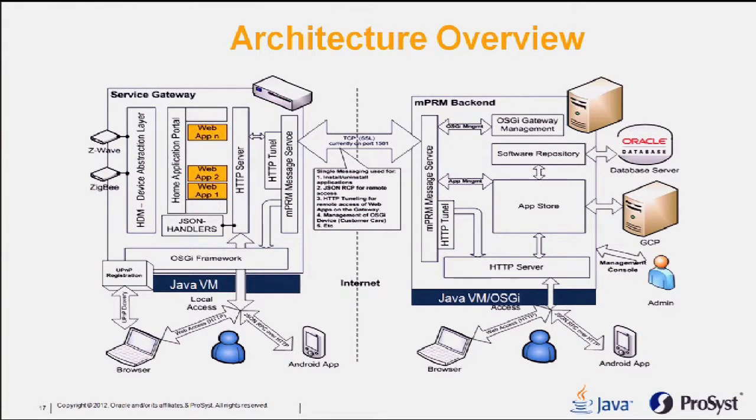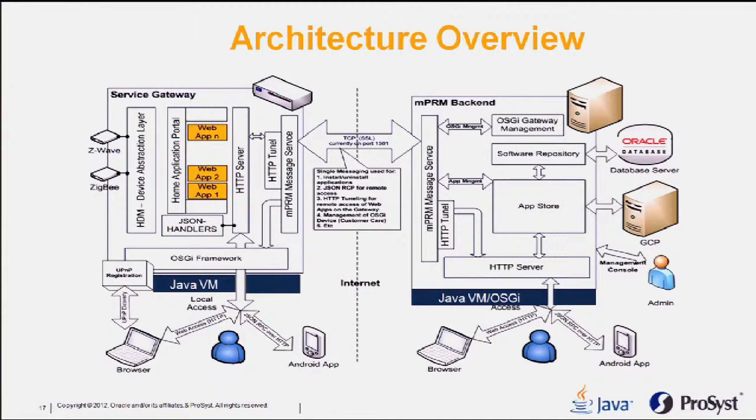You see what's part of that backend, and obviously it's the OSGi gateway management, the software repository, the app store, and you see more below, you see the end user who's got access to the app store via, again, various devices, typically a smartphone or PC.